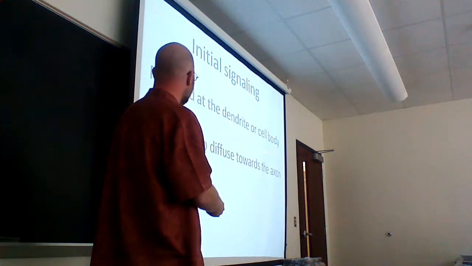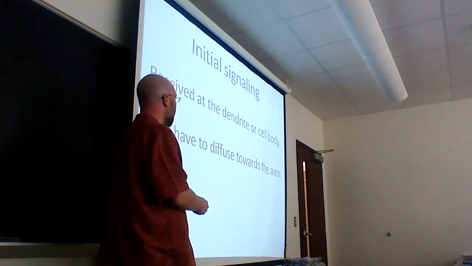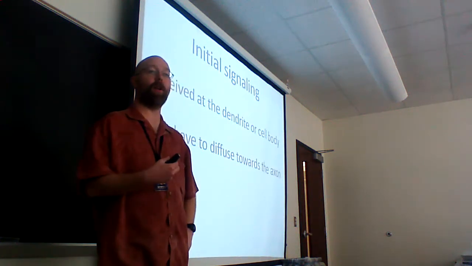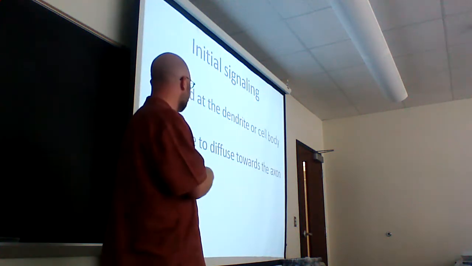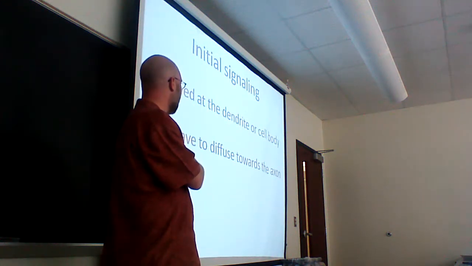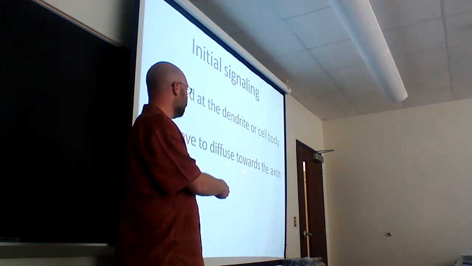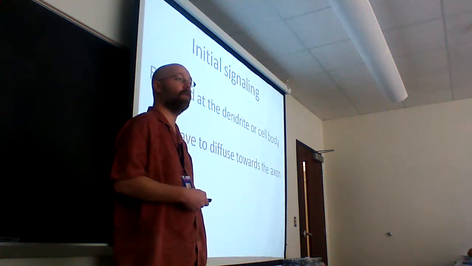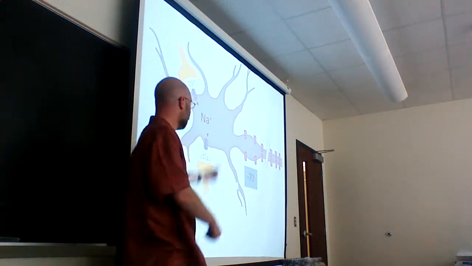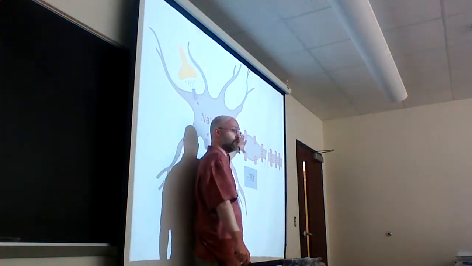We're going to receive information at the dendrite or cell body, because that's where we said the axon knobs are synapsing with the cell body or with the cell dendrites. We're then going to have an influx of ions. We're going to have those ions diffuse to the other end of the cell. Right? We're going to have the sodium that's leaking in through these ligand-gated channels diffuse this way.